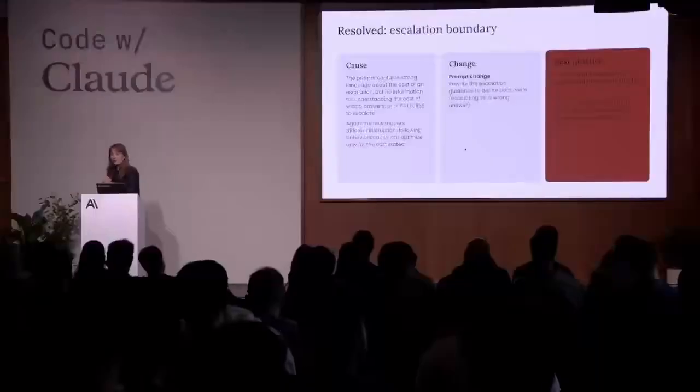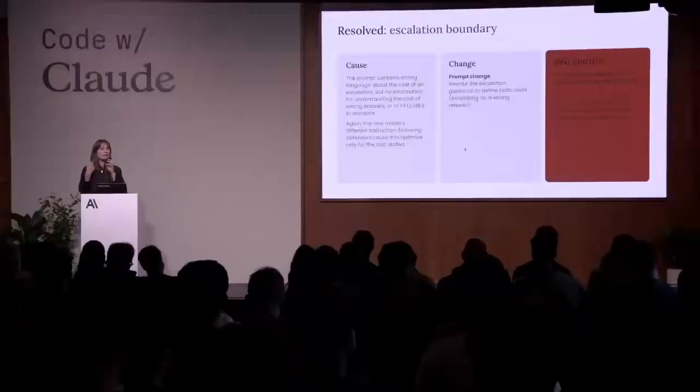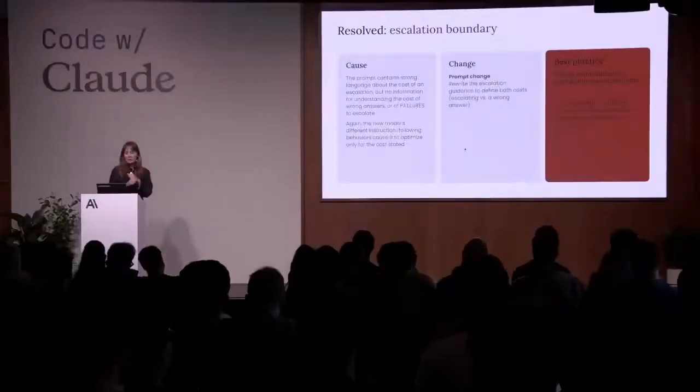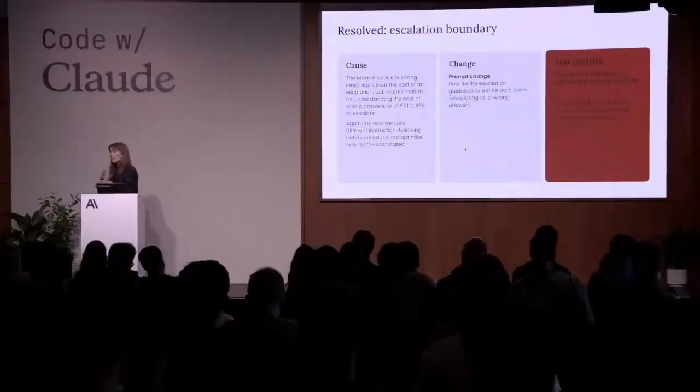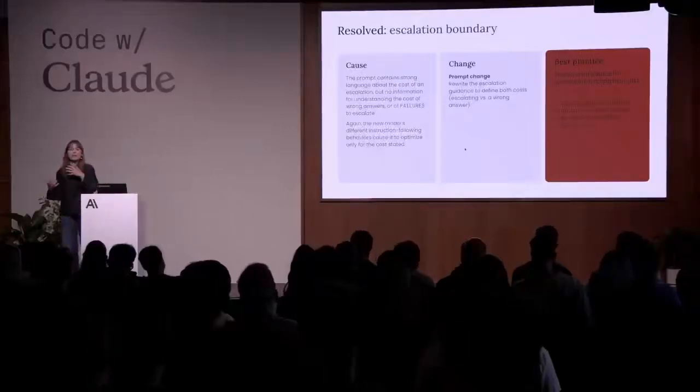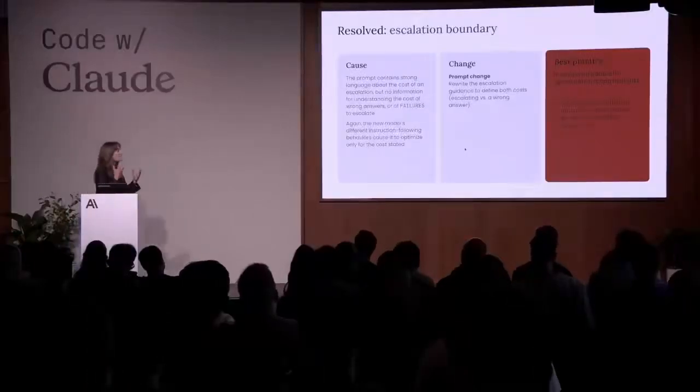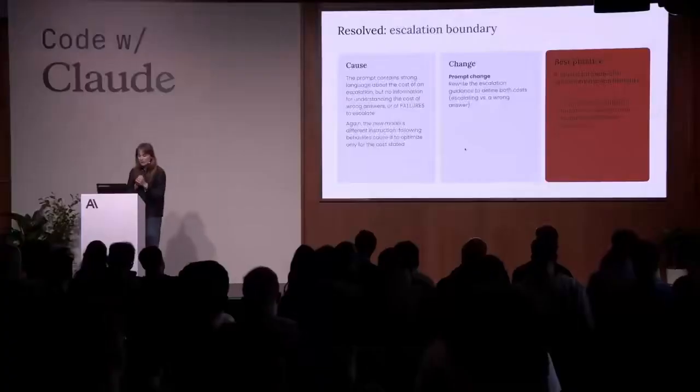It's quite similar to the one we saw earlier, where we didn't want it to overfit to a certain type of behavior. But it's the kind of instruction that can be followed quite differently by different generations of models. And specifically, as models become more intelligent, we need to remember to state both sides of the trade-offs, because our models are becoming better at making those trade-offs themselves.